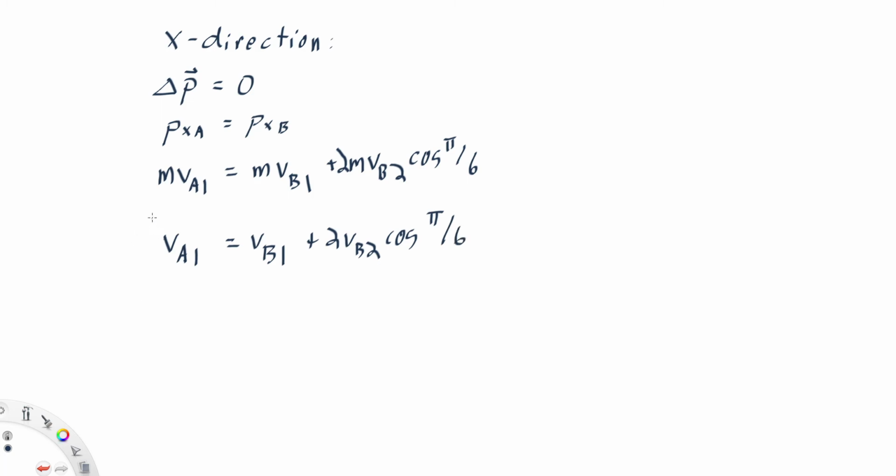Now, we know what the initial velocity of the first ball is, but we don't know VB1 or VB2. That's two unknowns. We can't solve for that using just momentum, right? Because we're out of things to try. We've tried the x direction, we've tried the y direction. That's all we've got.